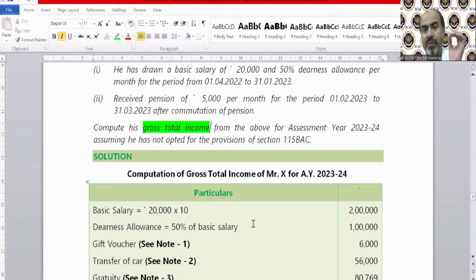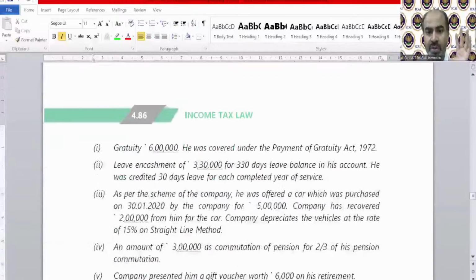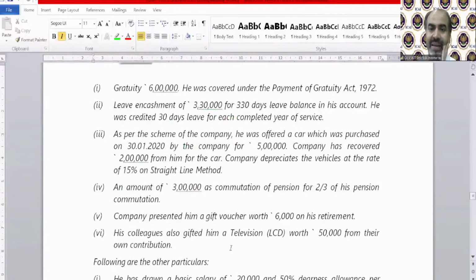So we now have basic salary and DA. Now we are moving on to the other provisions given in the question. This is gratuity of 6 lakh. He was covered under the Payment of Gratuity Act. So it's a B case because he's covered under the Payment of Gratuity Act, and we will solve it with the help of the B case.